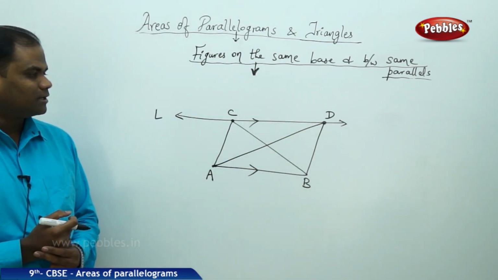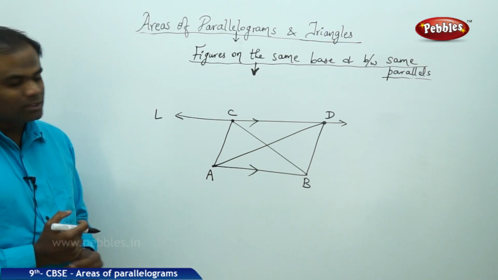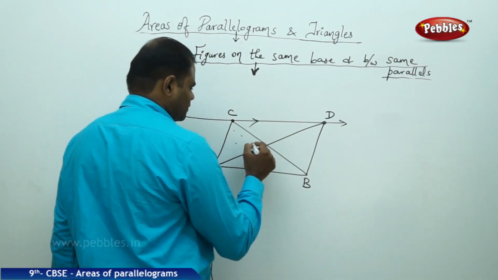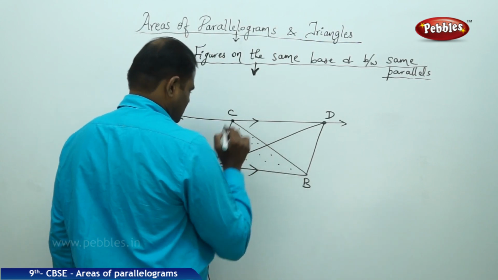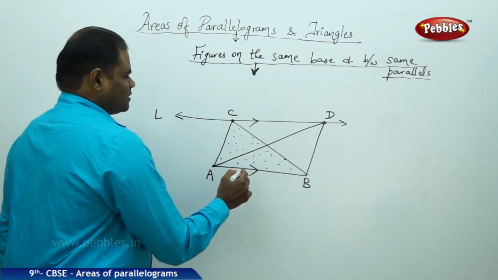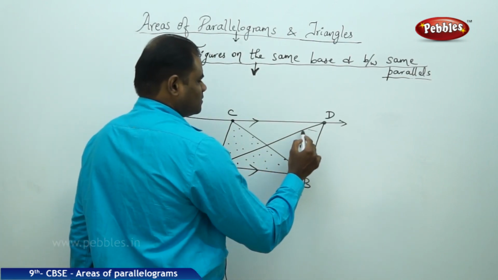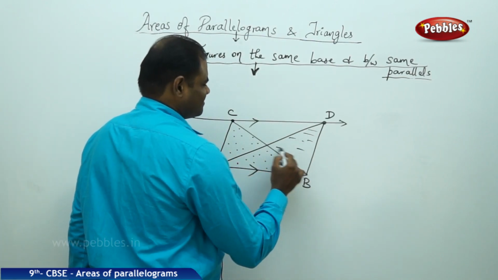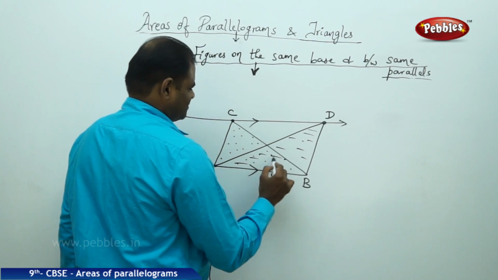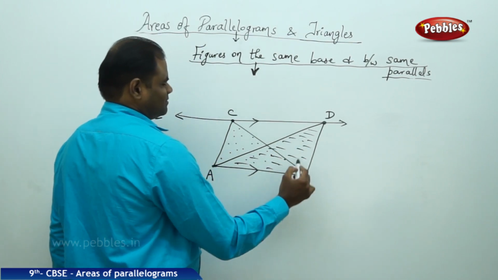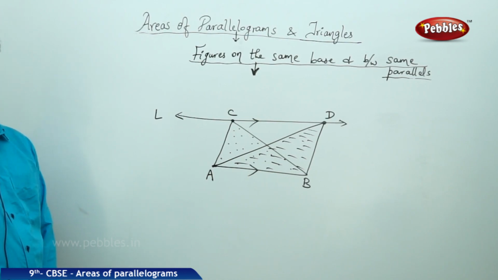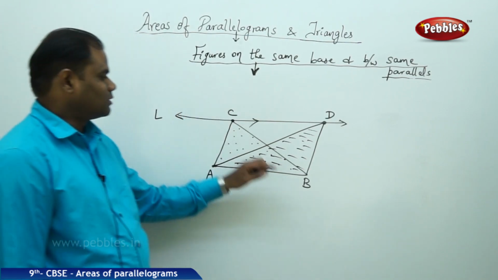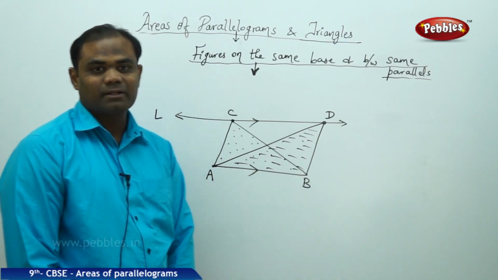Now here comes the investigation on what would be the relation between this triangle ABC and this triangle ADB. So here we are going to investigate the figures on the same base and between same parallels.